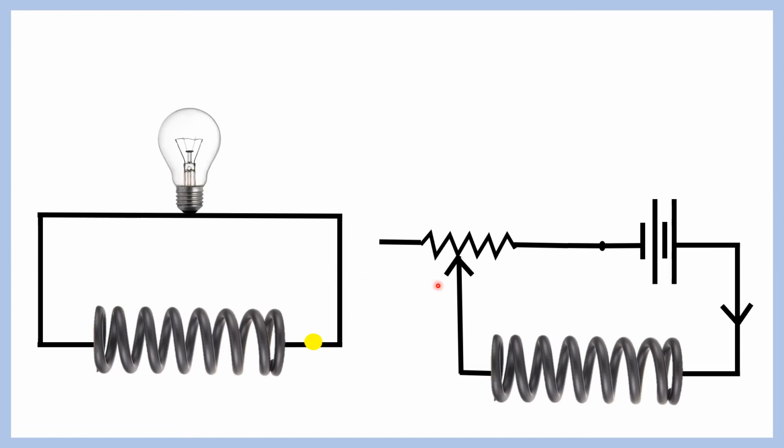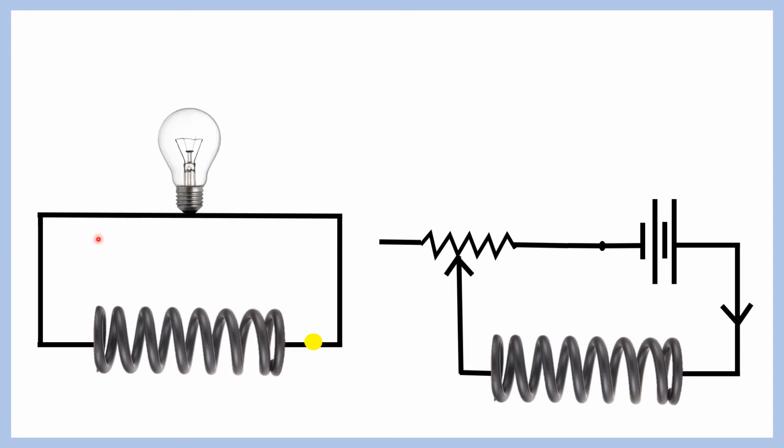Now you see when I open the circuit, what happens? When I open the circuit, again there will be a current produced in the circuit, but the direction of current will be opposite to the direction in which the current was produced previously. That is, when closing the circuit, the direction is from this direction, but we will see when it is open.